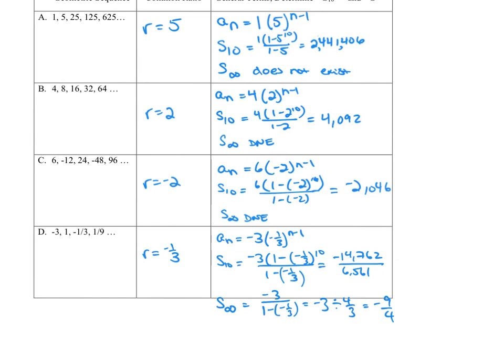And that makes a little bit of sense because over here at S10 as a decimal, this is negative 2.24996. And we know that negative 9/4 is negative 2.25. So we can see that the values are approaching one another.